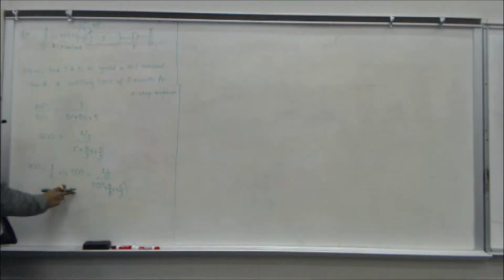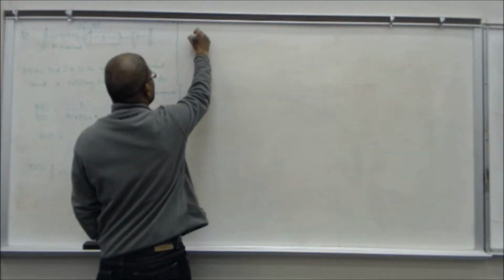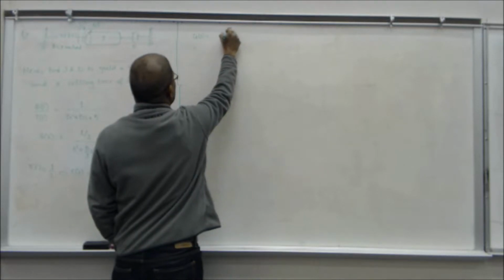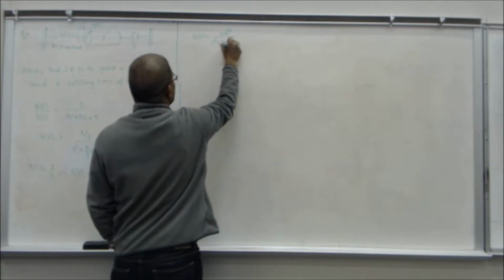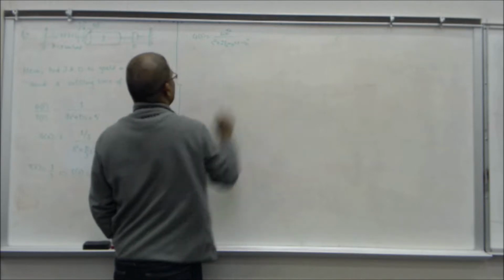What do you do when you're given something like this? If you're asked to find J and D, compare this to the general second order system, right? What is it? Omega n square over s square plus 2 zeta omega n s plus omega n square.